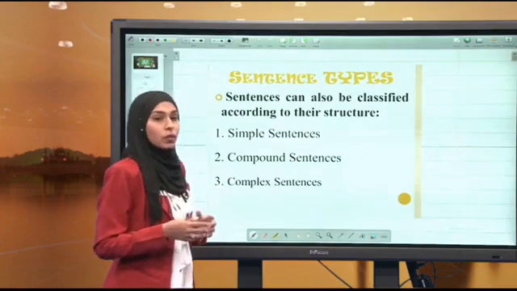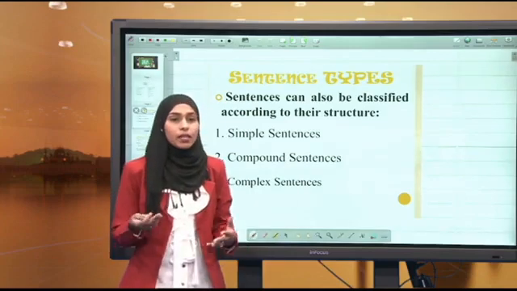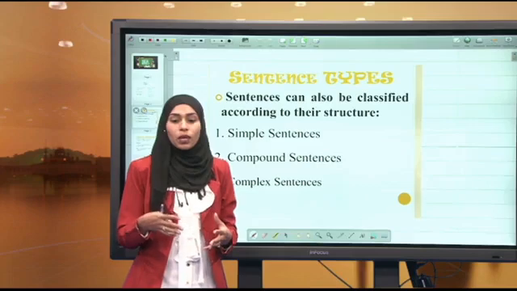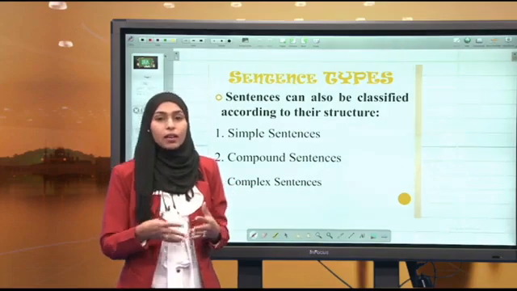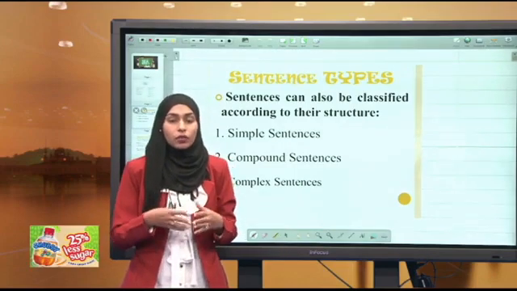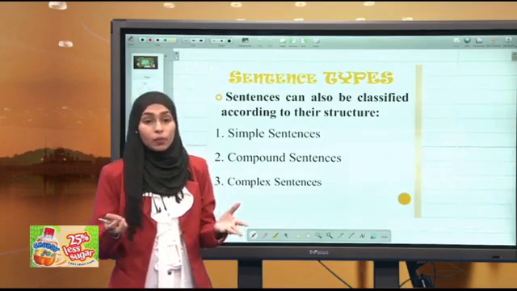So we're going to start with a simple sentence. But before I go into what is a simple sentence, I want you to know, get your mind ready to think, have out your paper, your pen, start jotting down ideas. Creative writing, as you know, consists of 20 marks or 40%, right?